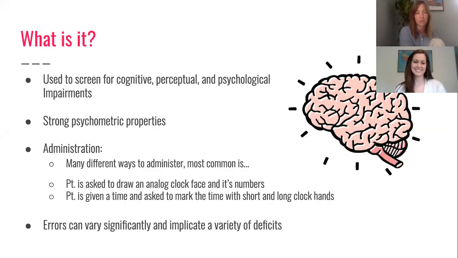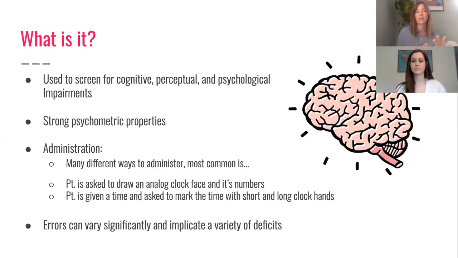Okay, so for the administration, it's pretty easy. You don't need any special training. There's different ways to administer it. In one of them, the patient is asked to draw the whole clock face with its numbers. On other versions, you might see a circle presented to them so that they have a little bit of a head start.